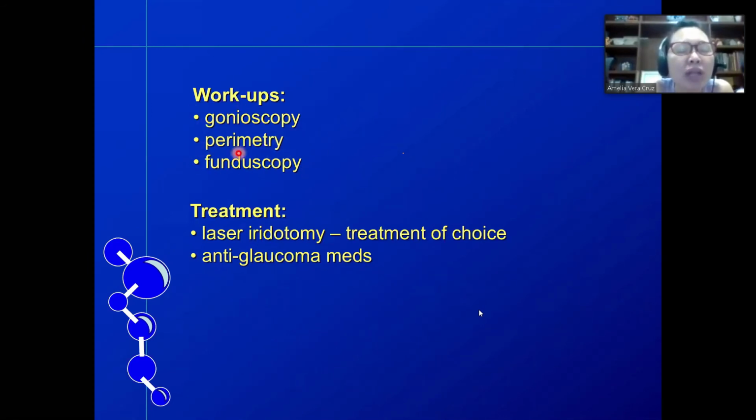Now, mayroon na tayong optical coherence tomography of the optic nerve. Okay? Kasama na yan sa workup na yan. Yan na ang bago ngayon, OCT. Ito muna, fundoscopy, gonioscopy, perimetry, optical coherence tomography of the optic nerve.